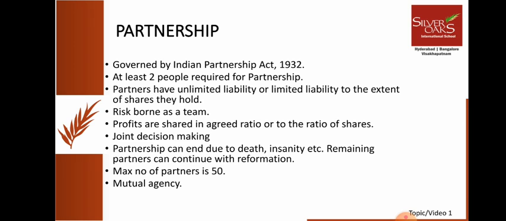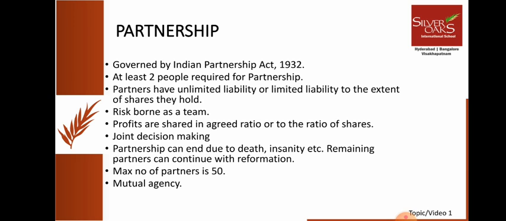In case there is a loss for the company and they do not have sufficient resources to pay back the debts, the creditors can claim the partners' personal resources, apart from what they have given up for the firm. They can also take up the personal properties of the partners.